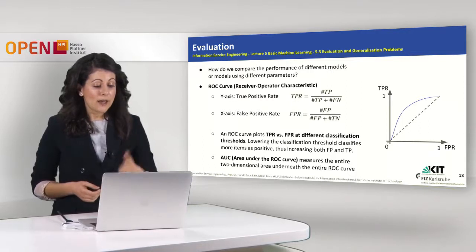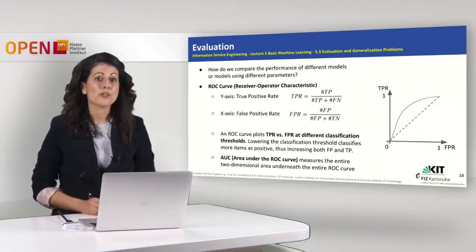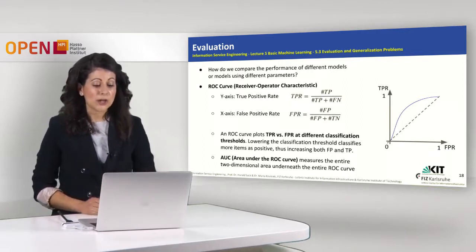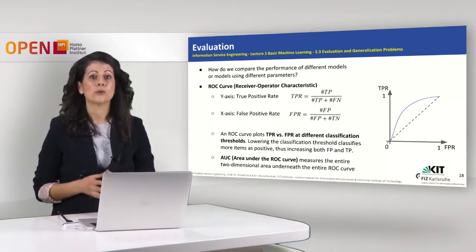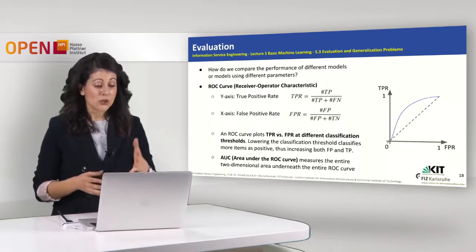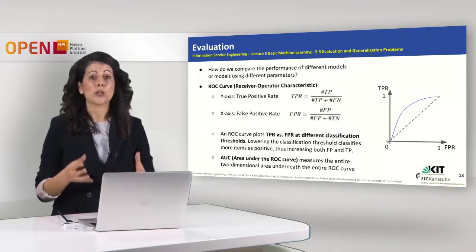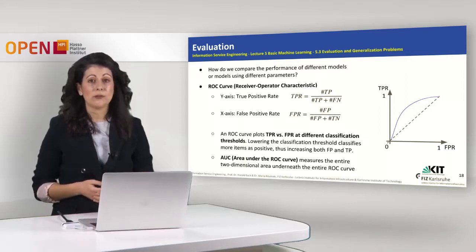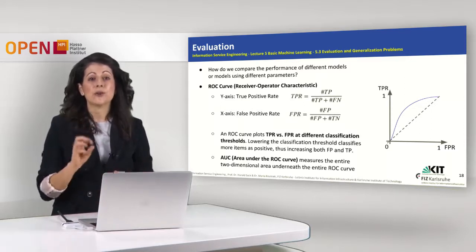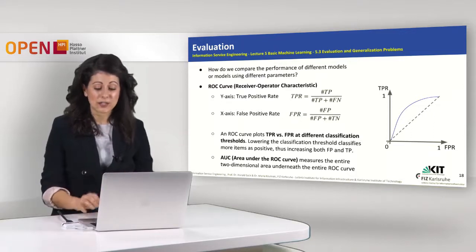And on the x-axis we have the false positive rate, which is the ratio of false positives divided by false positives and true negatives. So this ROC curve actually plots the true positive rate against the false positive rate at different classification thresholds.